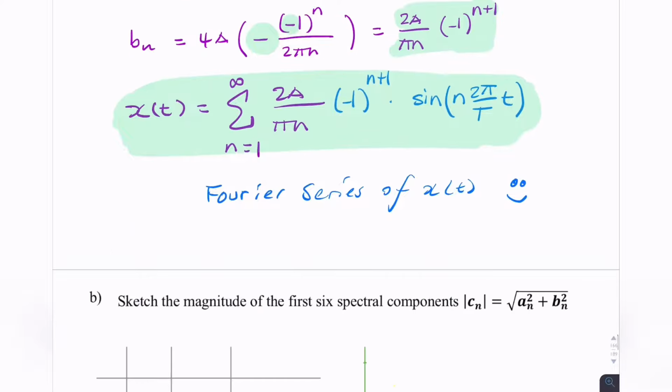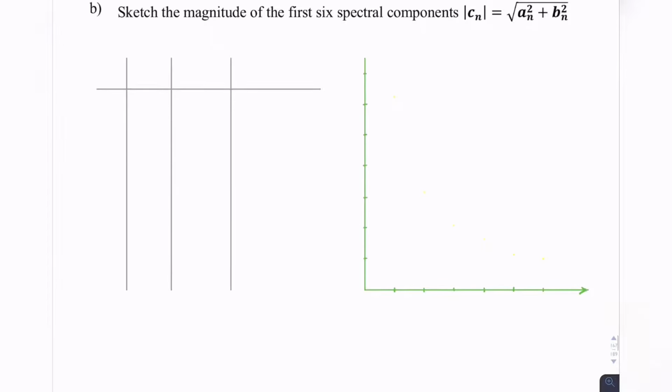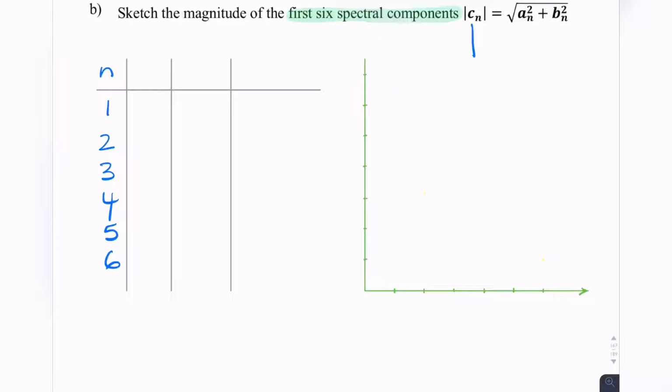Now for the next part, it asks for the first 6 spectral components. So it's asking for n equals 1, 2, 3, 4, 5, and 6. What it wants is Cn. Cn we can calculate from An and Bn.